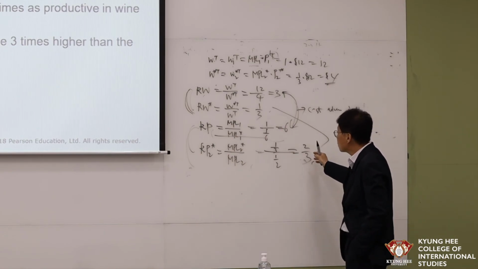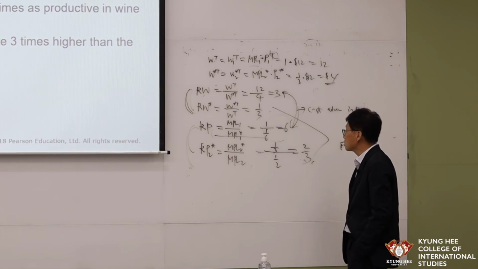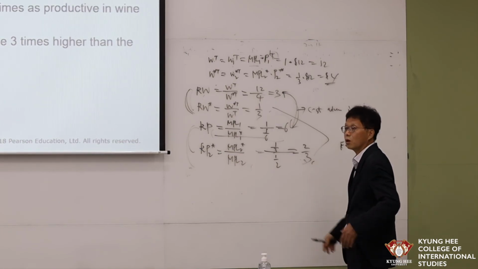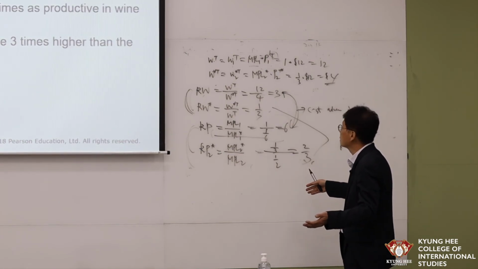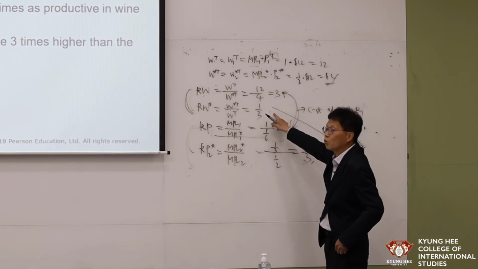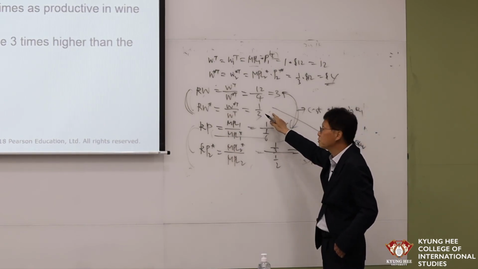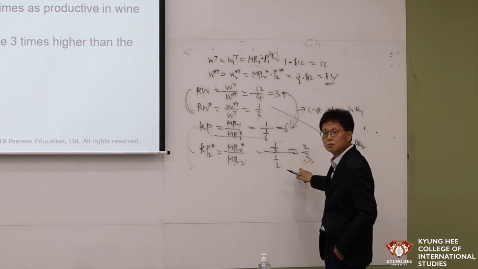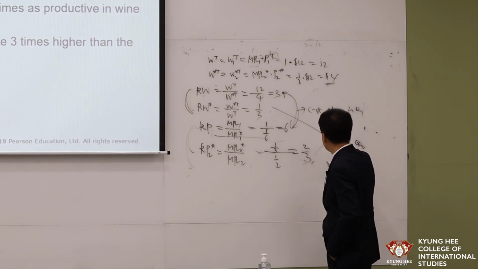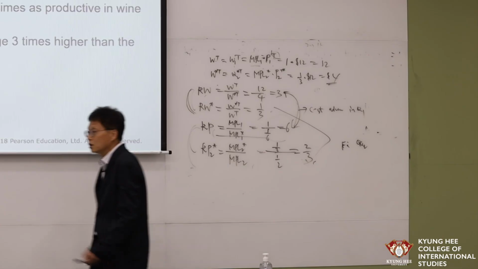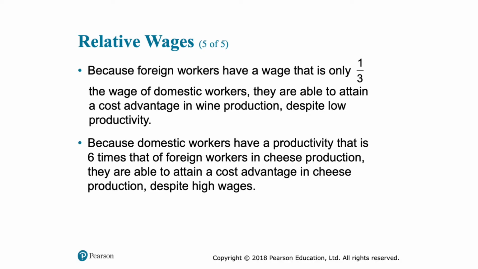But the foreign country has a comparative advantage, a cost advantage, in Q2 production. How does that happen? Because of a much lower wage rate, which fully compensates the lower productivity. Because of this, the foreign country has a cost advantage in Q2 production, right? So that is explained here.